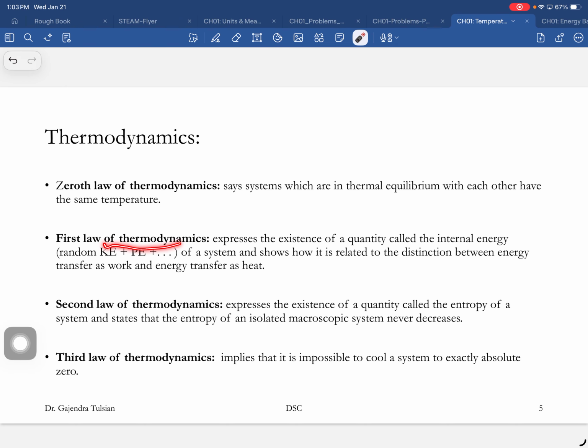All right. So the first law of thermodynamics is the conservation of energy principle with heat included. It expresses the existence of a quantity called internal energy of the system, and shows how it's related to the distinction between energy transfer as work and energy transfer as heat. Let me illustrate that.